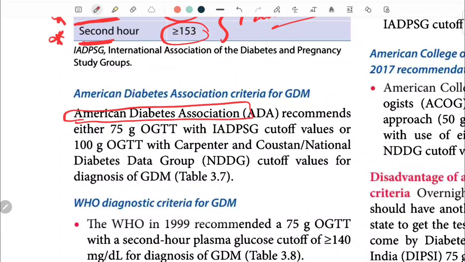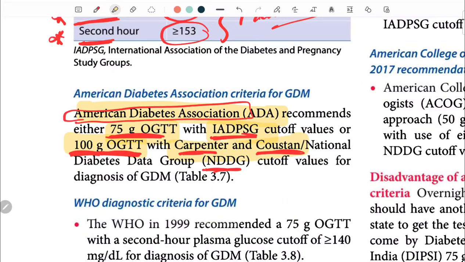According to ADA, either a 75 gram OGTT with IADPSG cutoff values or a 100 gram OGTT with Carpenter and Coustan or NDDG, the National Diabetes Data Group, cutoff values.